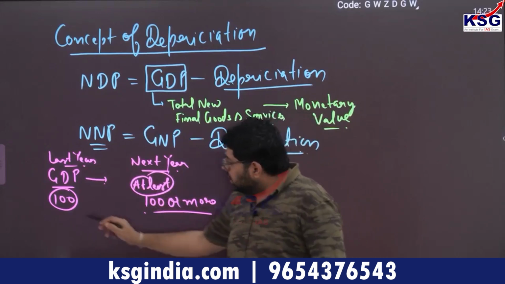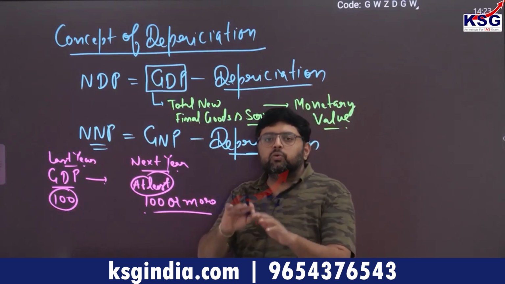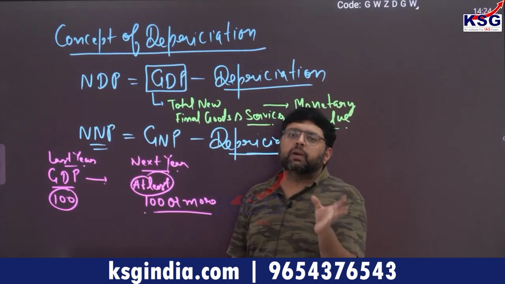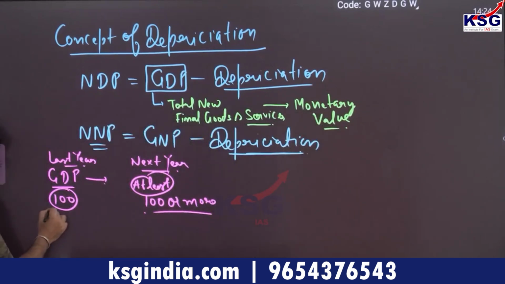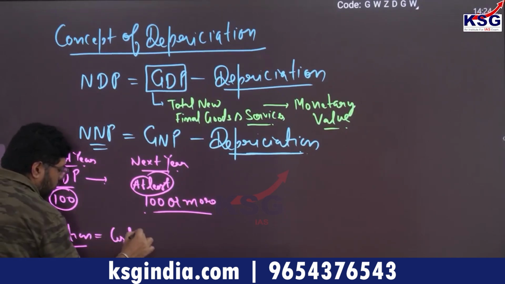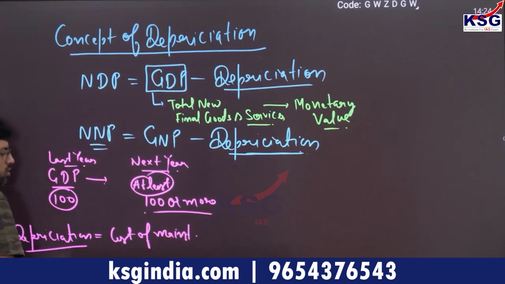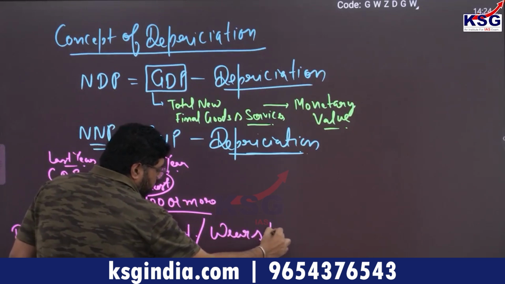Now, no doubt, in order to produce this GDP worth rupees 100, we have used some machines. So it means on those machines I have to spend an amount, and that amount is called depreciation. So I can say depreciation means the cost of maintenance, or you can say wear and tear cost.